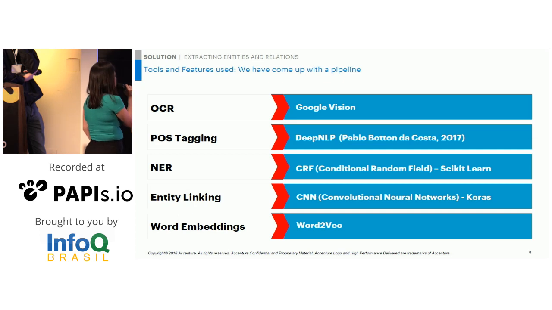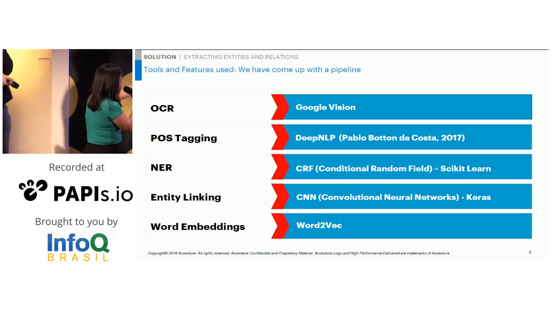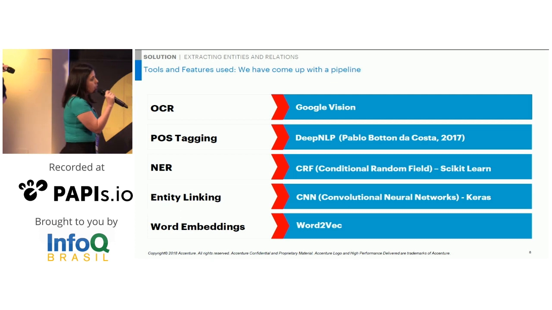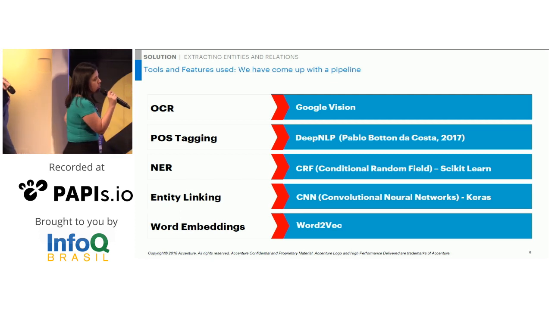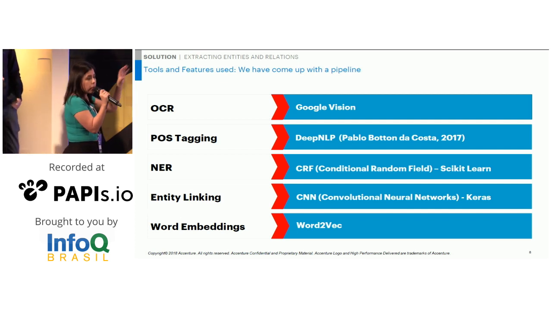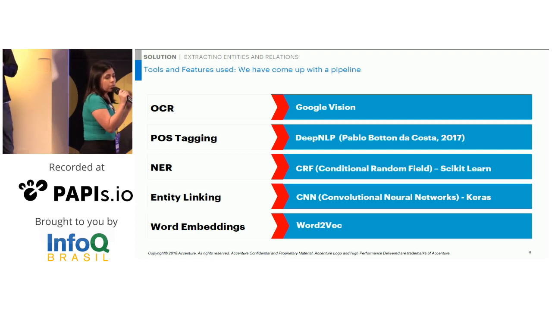We use named entity recognition, with a conditional random field algorithm. In our case, we use scikit-learn to do that. It's important for us because we can look at a document and annotate the important information we want the algorithm, once trained, to extract.